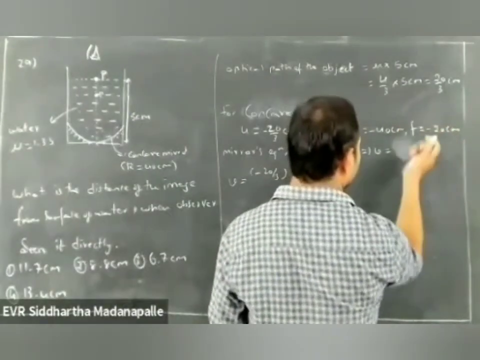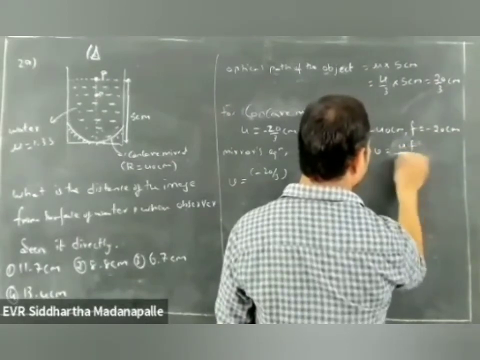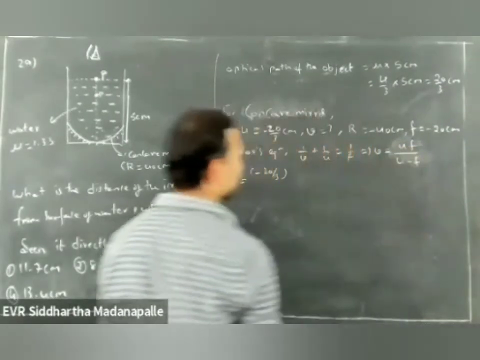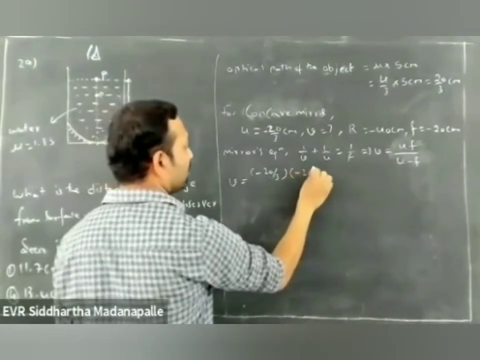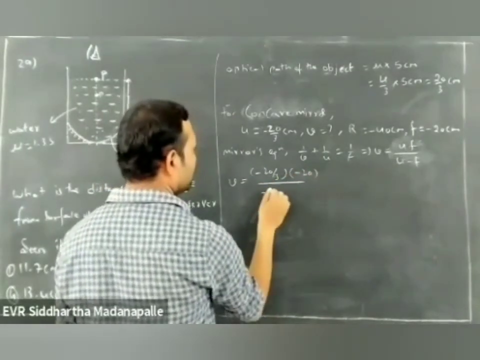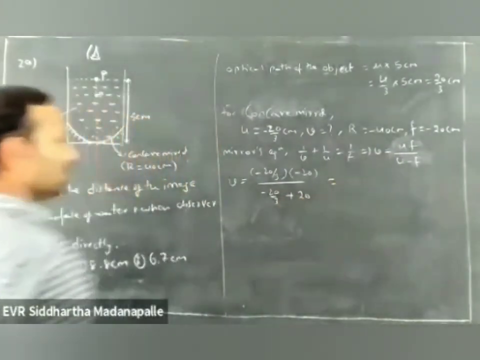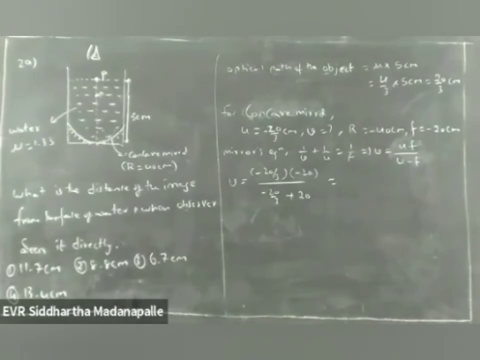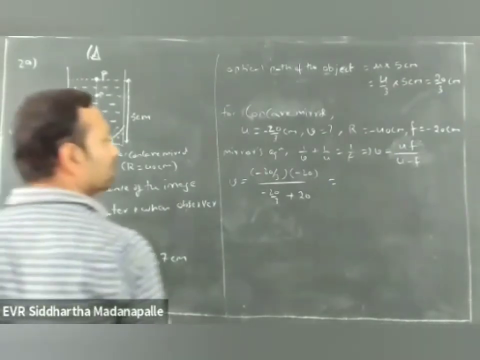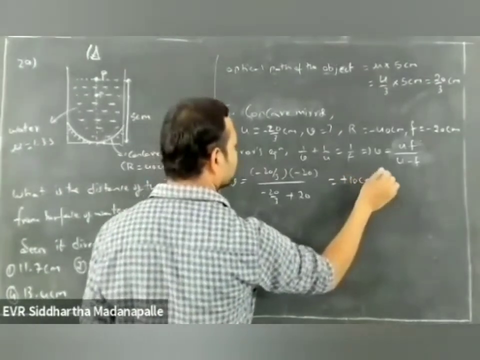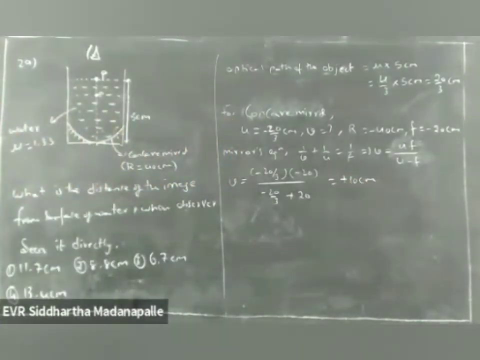What is the F value? It is equal to minus 20. Now on calculating this one, the V value, what you will get here, on calculating this one, you will get plus 10 centimeter. Right? Plus 10 centimeter.